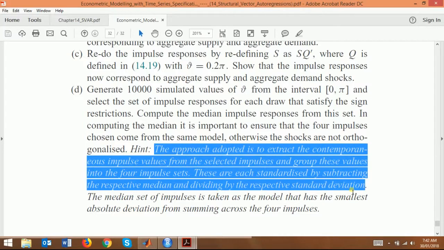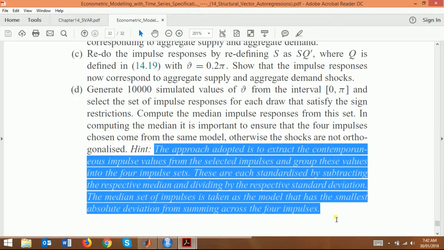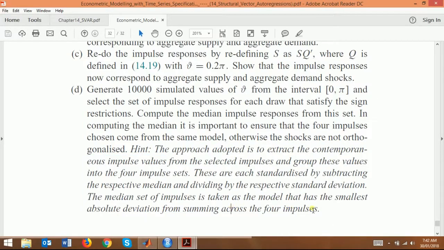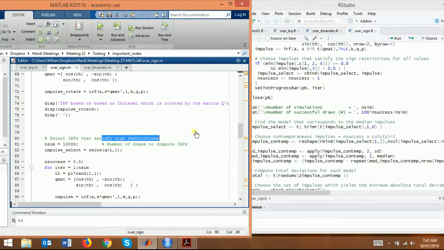So we take standardized impulse responses, and those which have the smallest absolute deviation, summing across all the impulses, those impulses are chosen with the smallest deviation.